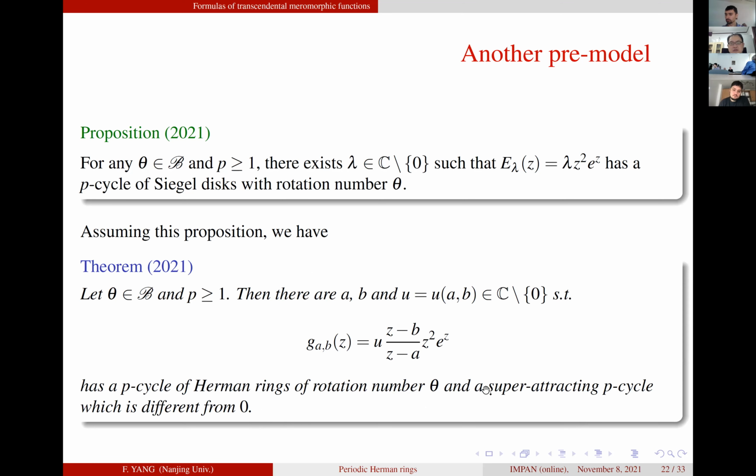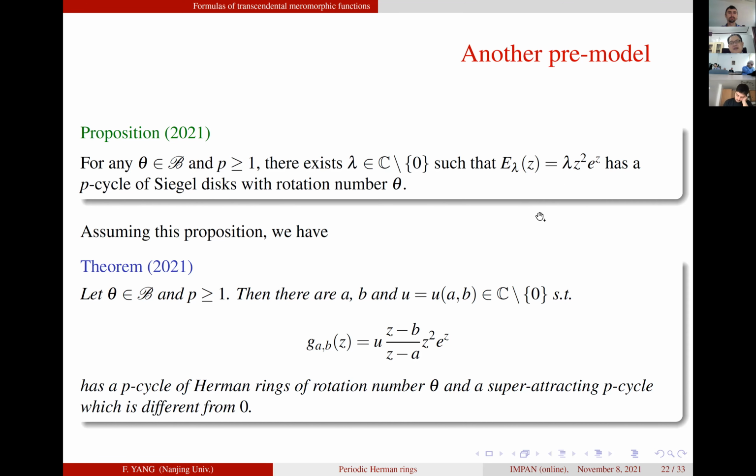We need to produce a super-attracting p-cycle different from 0, because for this family 0 is a fixed super-attracting point, and it has a p-cycle of Siegel disks whose centers are different from the origin.